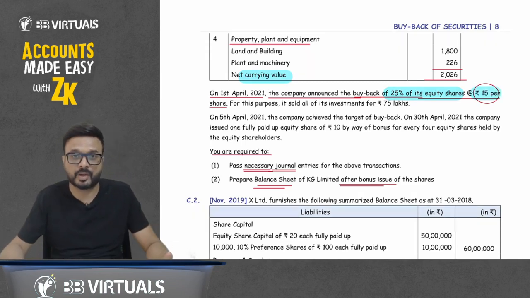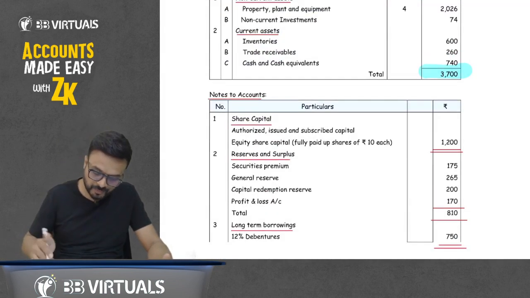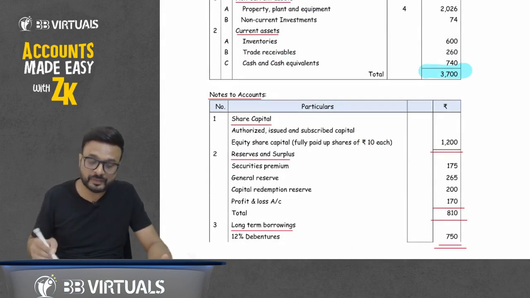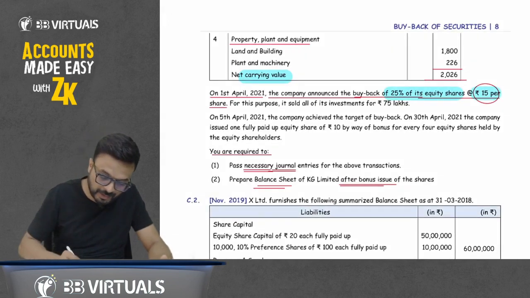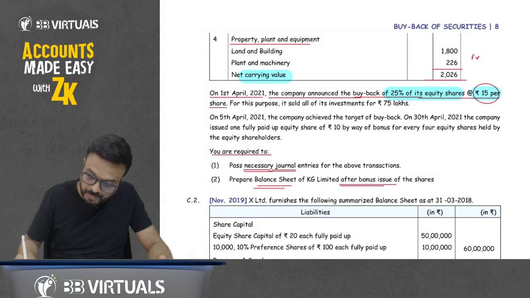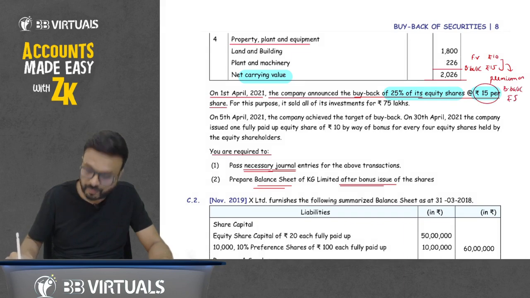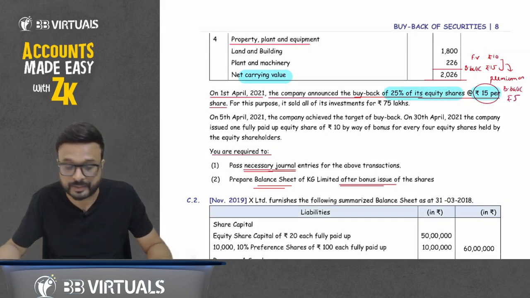What is the face value of the share given in the question? Rupees 10. They are doing the buyback at rupees 15. It means the face value is rupees 10 and the buyback price is rupees 15. So how much is the premium on buyback? Rupees 5.